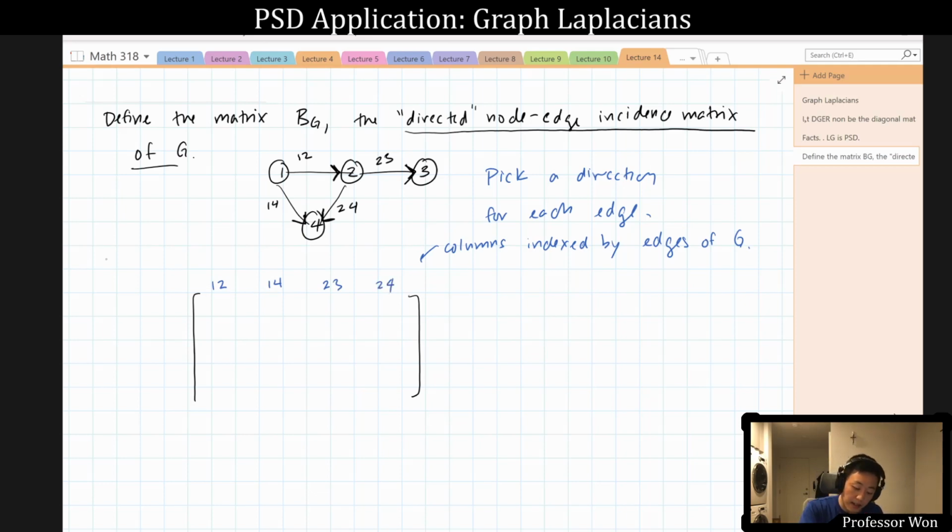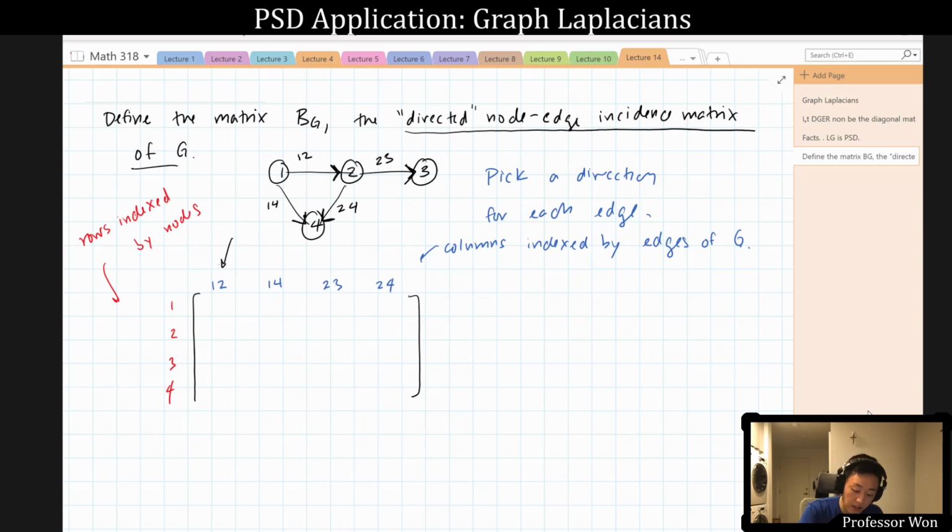So one column for each edge. Rows will be indexed by the nodes, 1, 2, 3, 4. And the way that we're going to fill in this matrix is for each column, in other words, for each edge, I'm going to put a 1 at the start of that edge, the starting node, and a -1 at the ending node.